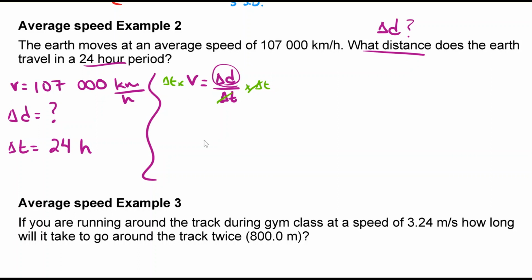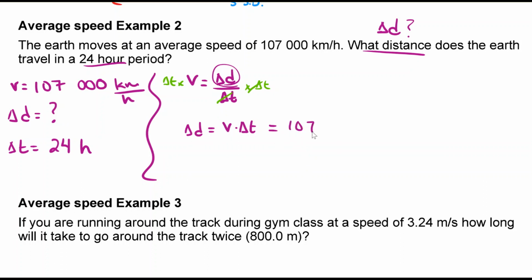So I should get delta d is v times delta t. Good. So you're going to get 1 mark for showing me the rearranged formula. You don't get any marks for summarizing the information, but it's going to be super helpful later on. So distance is velocity times time.